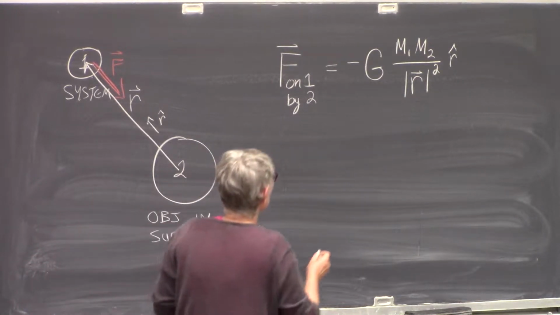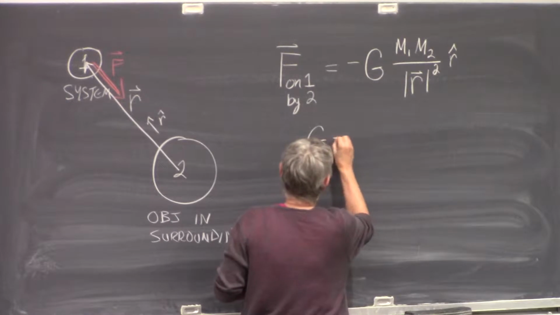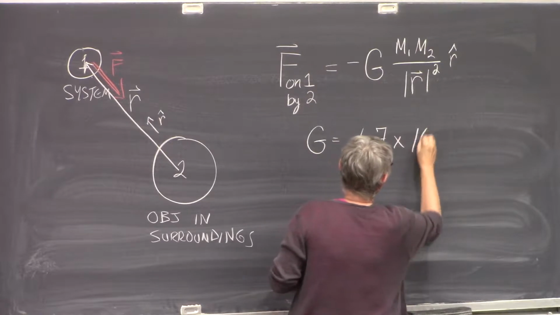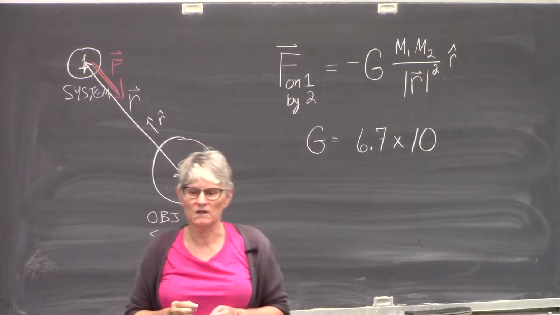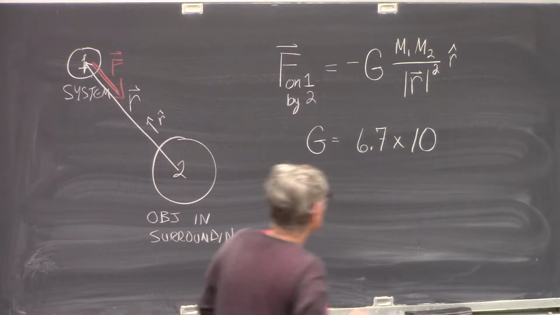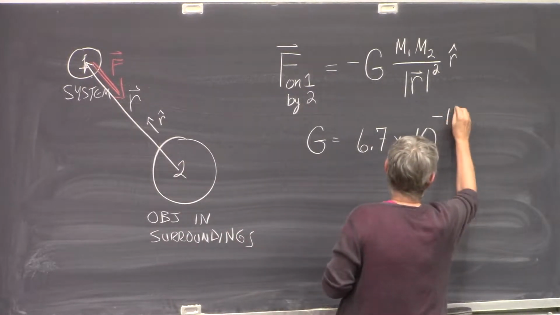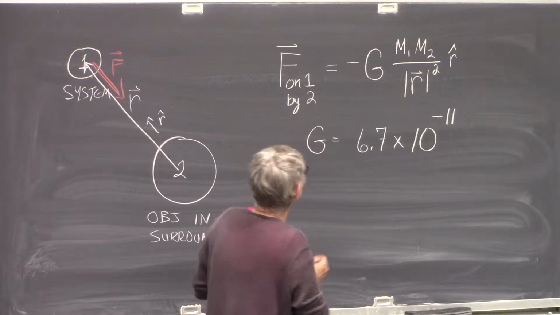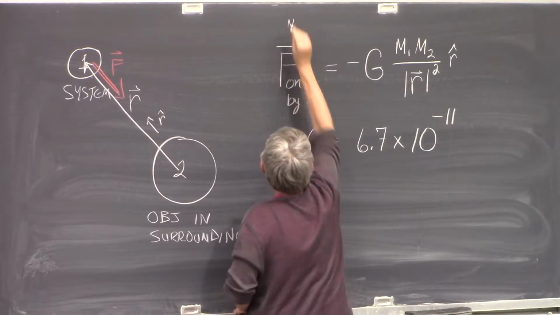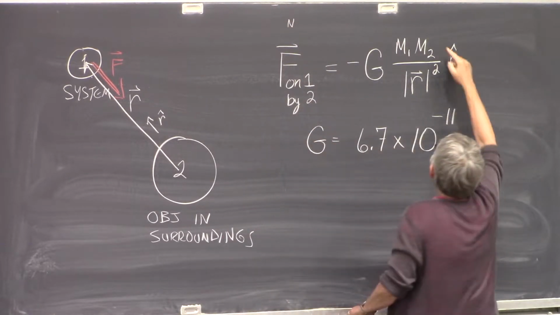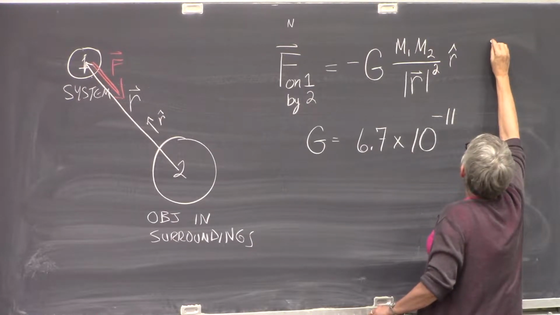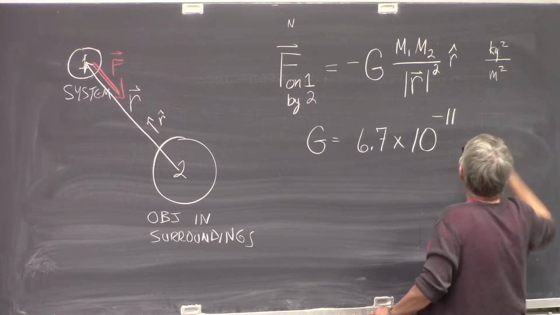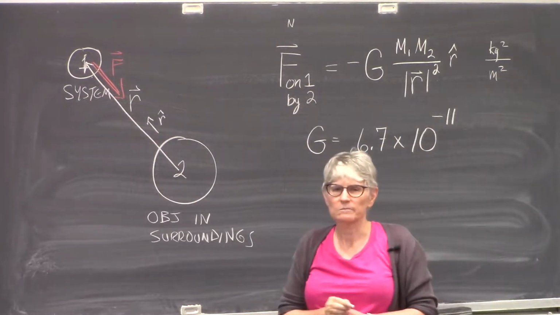So what is the magnitude of this constant G? It's 6.7 times 10 to the negative 11. And let's see what the units have to be. This has to come out to newtons. And this is kilogram squared here, and we have meter squared here.